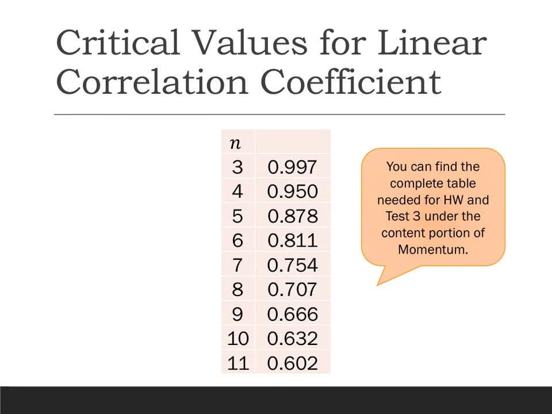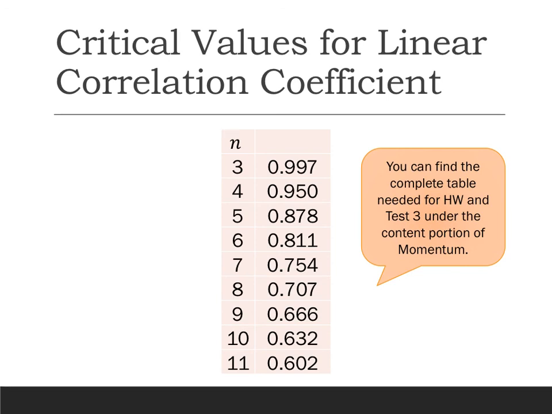Okay, so determining whether or not we can say that there's a linear relationship or a linear correlation between our two variables depends on the value of our linear correlation coefficient. So what is R? But it also depends on the sample size. The smaller the sample I have, the more related I need my variables or my data to be.